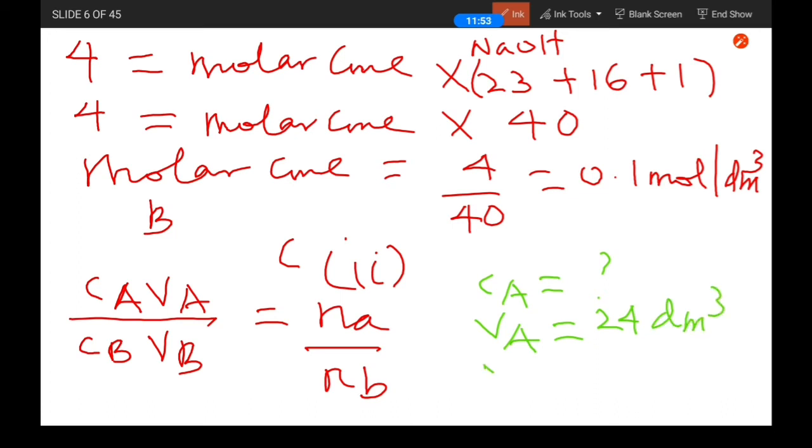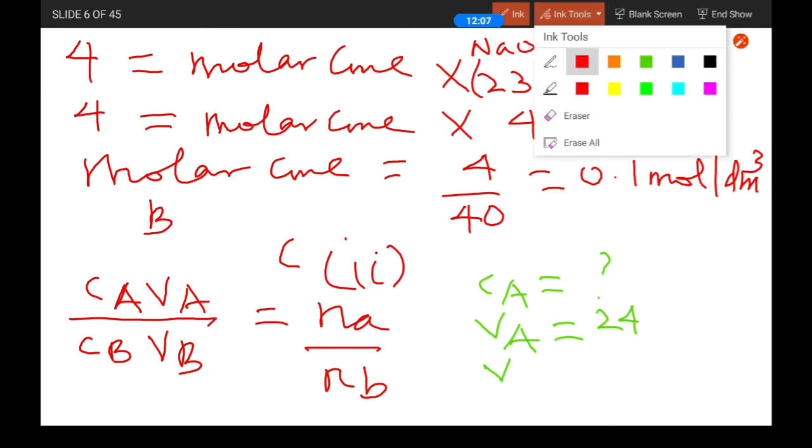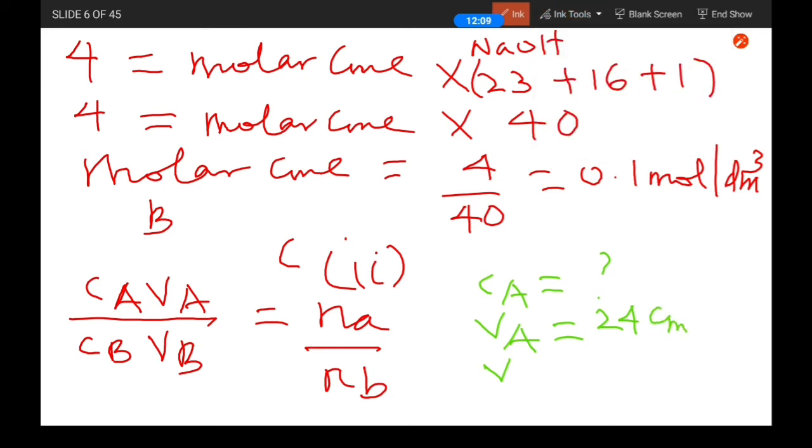And also we know Vb. Vb, this one is a constant from a titration, 25 centimeter cube.